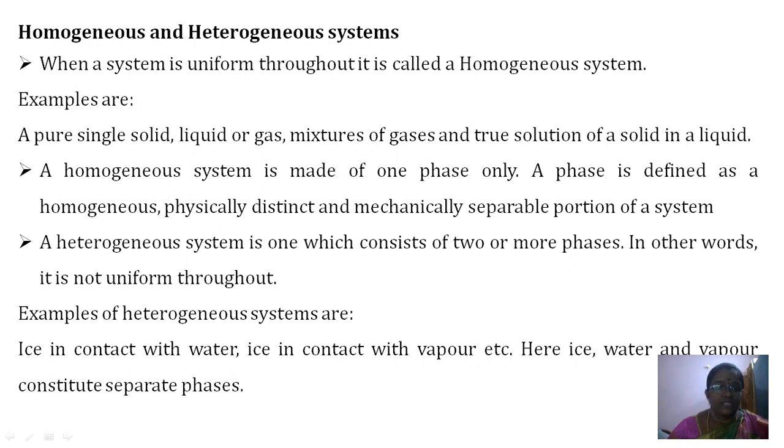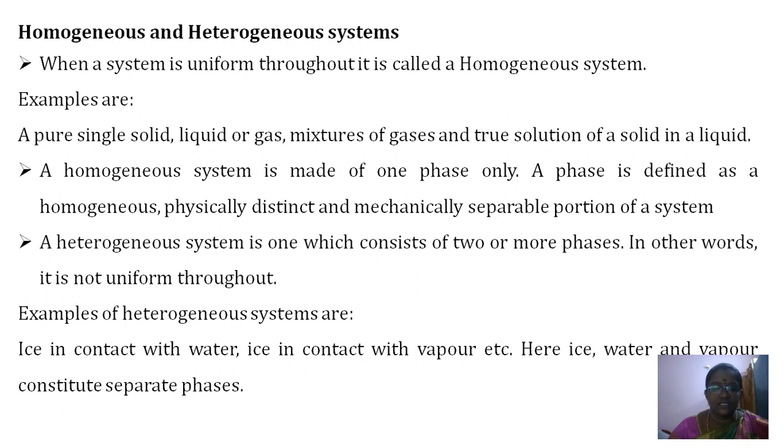Examples are a pure single solid, liquid or gas, a mixture of gases, and a true solution of a solid in a liquid. For this I have given the solubility of salt in water. A homogeneous system is made up of only one phase, and a phase is defined as a homogeneous, physically distinct or mechanically separable portion of a system.